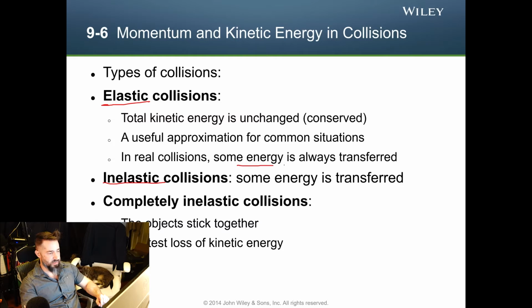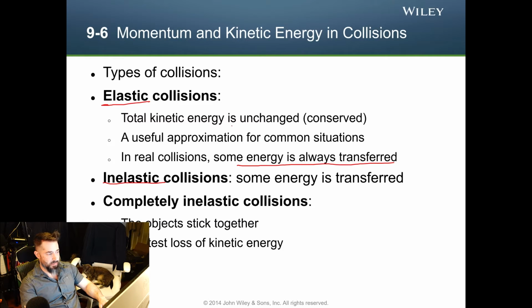In real collisions, some energy is always transferred. You always have some amount of heat, friction, and sound coming out of it. These are all forms of energy loss. Depending on the material, the amount of force, and the material of what it's hitting, they may be very big or very small.